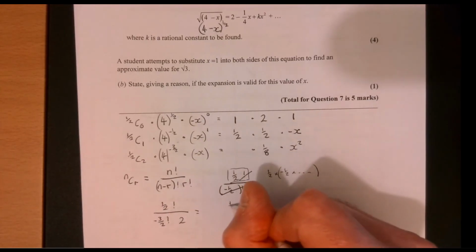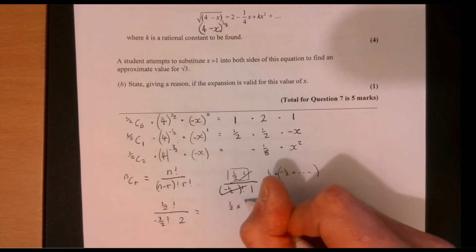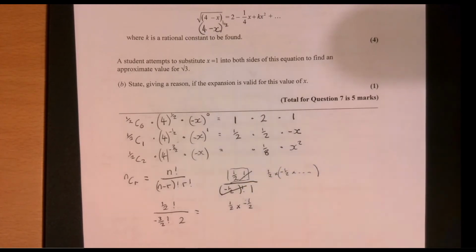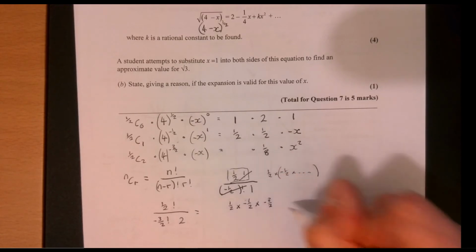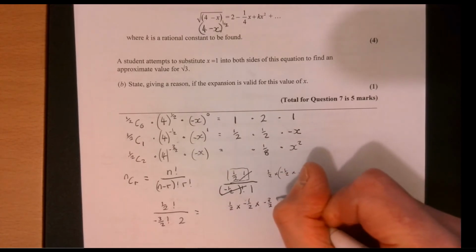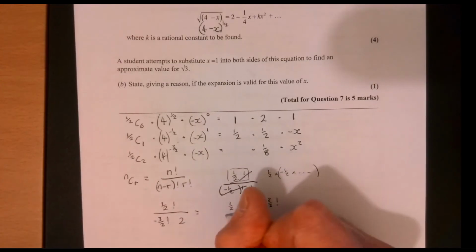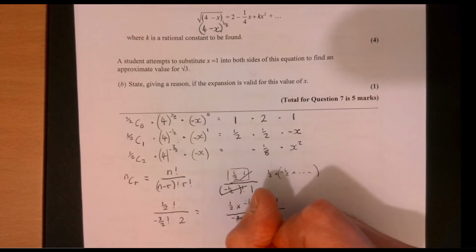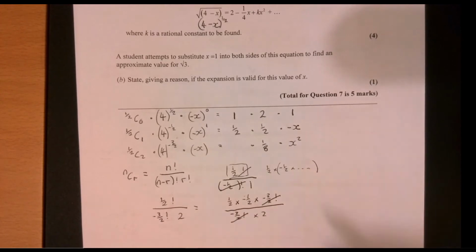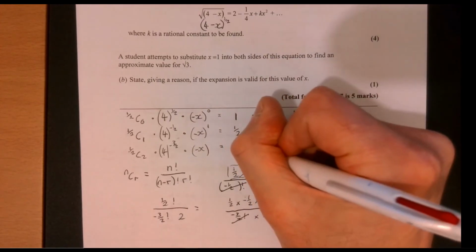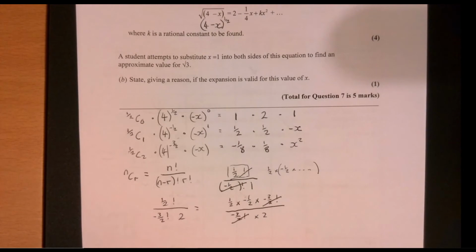The top line I'm going to write like this: a half multiplied by minus a half multiplied by minus 3 over 2, and carry on, so effectively it's that factorial, over minus 3 over 2 factorial times 2. That goes with that bit, and that's going to leave you with minus 1 over 8.